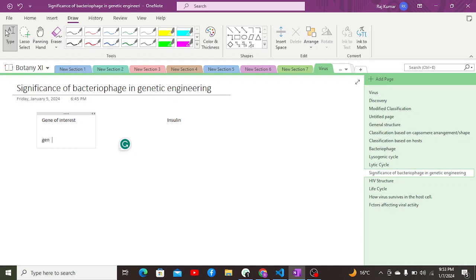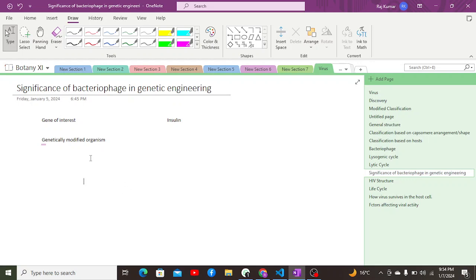That organism is known as the genetically modified organism, commonly known as GMO. And that GMO will have the gene of interest inserted inside it. Mostly we take the genetically modified organism as bacteria or bacteriophage.